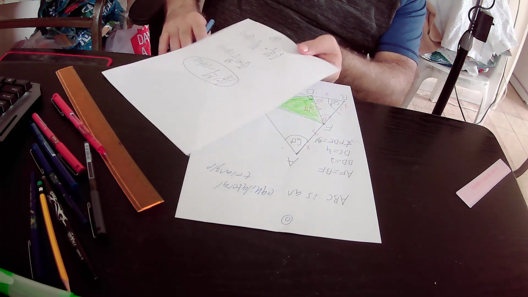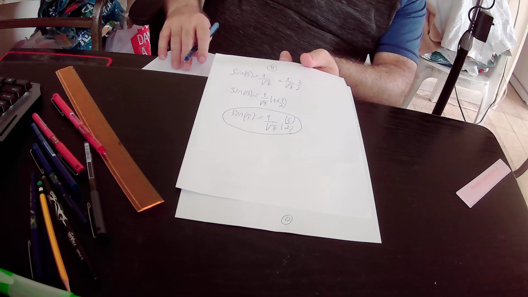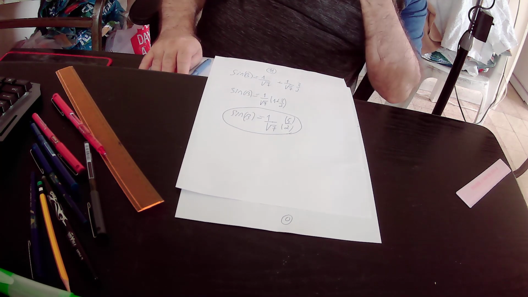Okay, so the value of sine beta equals 5 over root 7 times 2.